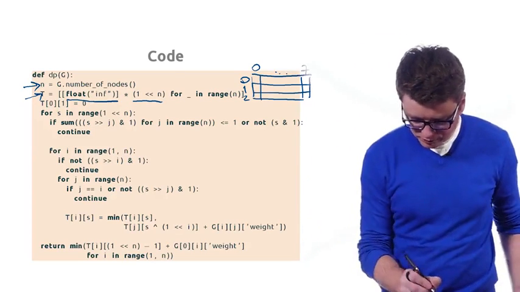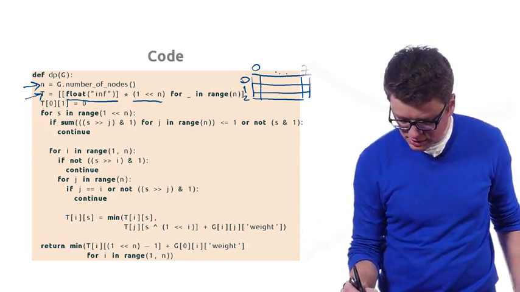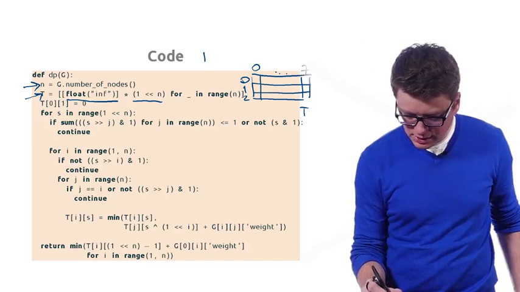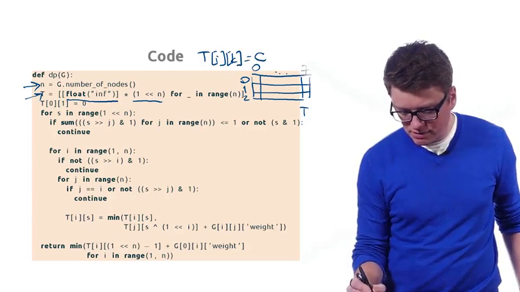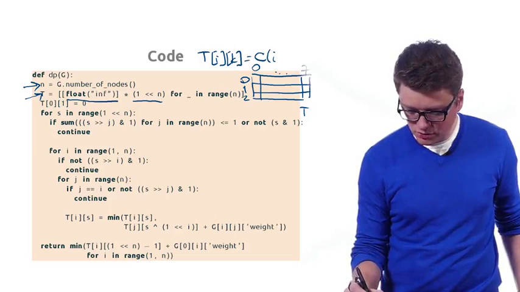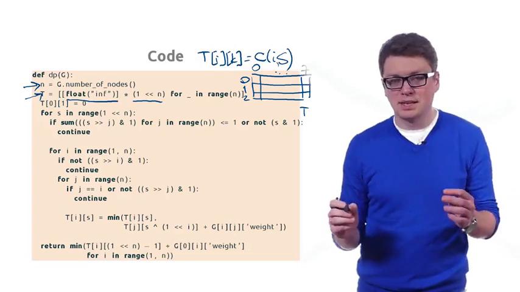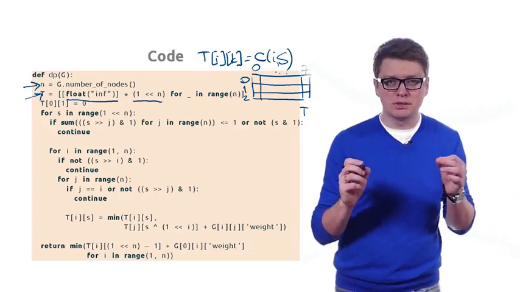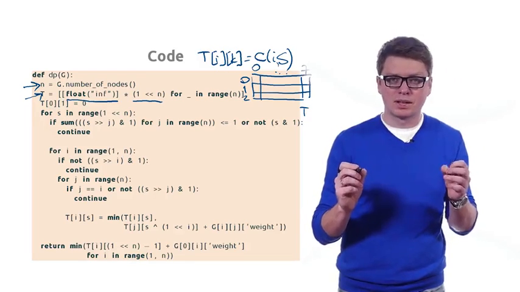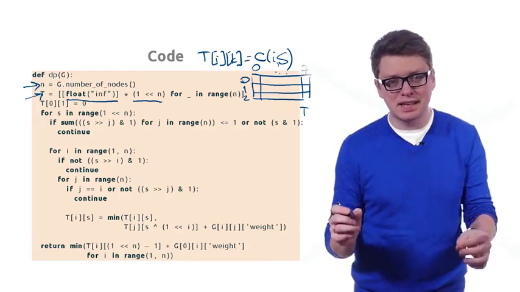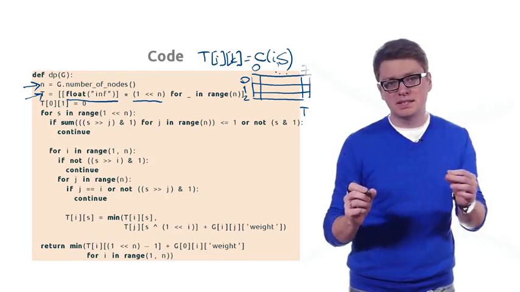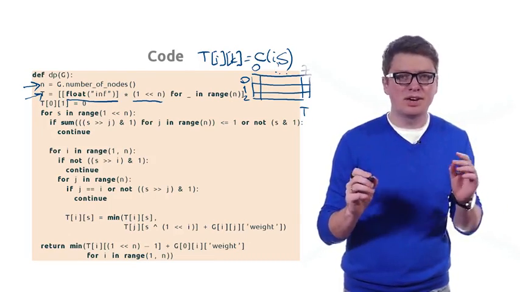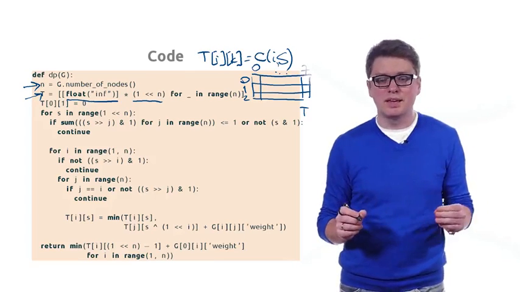In a cell T of I, K, we are going to store the value of the function C of I, S, where S is the set corresponding to the integer K. Recall that S is the set of all elements that have non-zero bits in the binary representation of K.